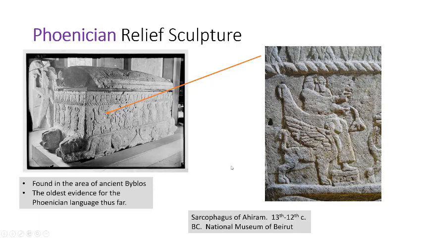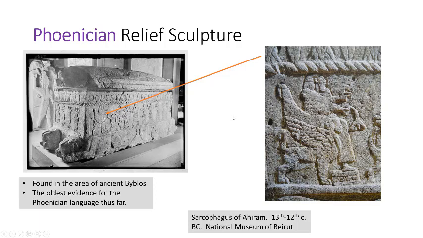And then we have a relief sculpture that's much older than the previous slide, that definitively dates from the Phoenician period, and it's actually found in the area of ancient Byblos. It's our oldest evidence, in fact, for the Phoenician language thus far. To be perfectly honest, it dates from the 13th to 12th century BC.